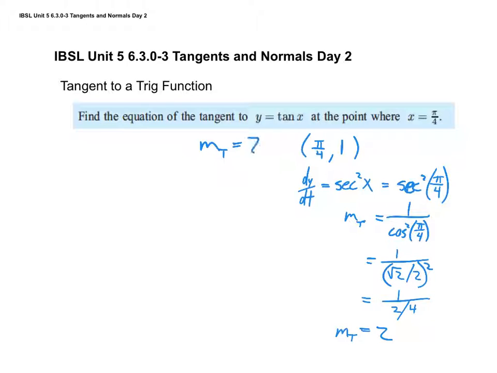Now we can find our equation. y minus 1 equals 2 times x minus pi over 4. And we get y equals 2x minus pi over 2 plus 1. You don't need to change that to a decimal to combine them, unless you wanted to graph it and needed an idea of where that was.